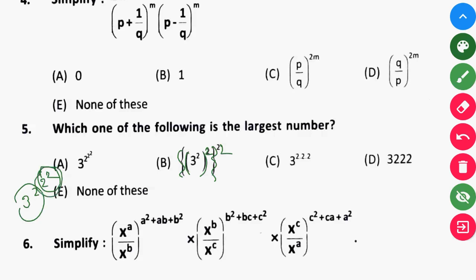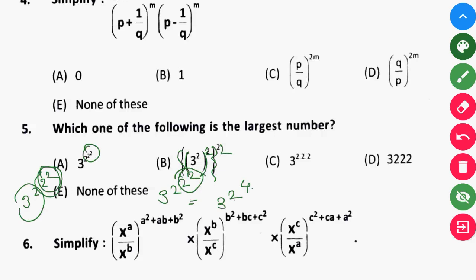Okay, so what we have to do to solve the first one is first calculate the square of this above 2 raised to 2, this portion. So this becomes 3 raised to 2 raised to 4. 2 square is 4.